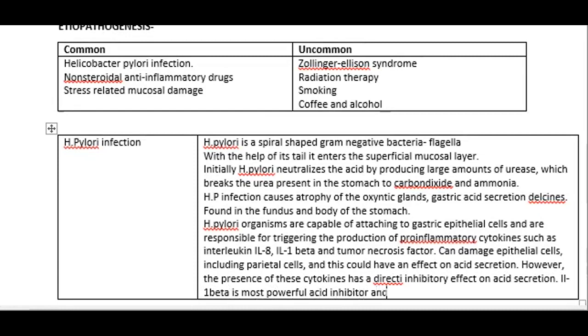Okay? And the TNF alpha also has acid inhibitory properties.